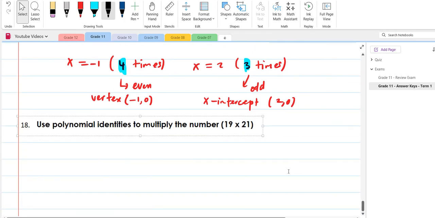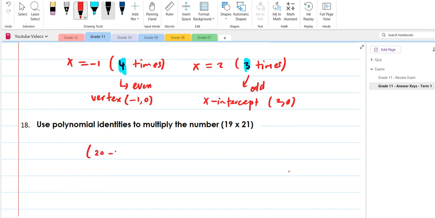It's a nice question. For 19 times 21, we can use the difference of two squares. 19 is 20 minus 1, and 21 is 20 plus 1.